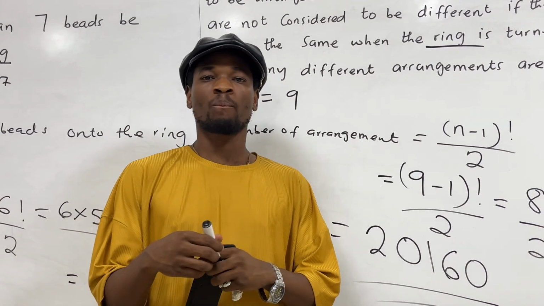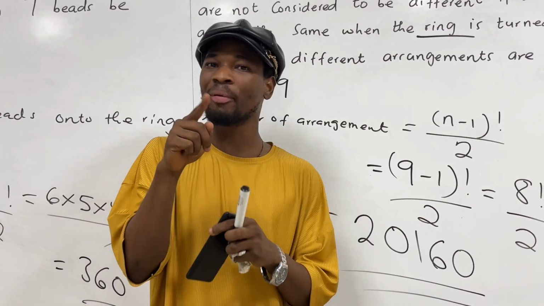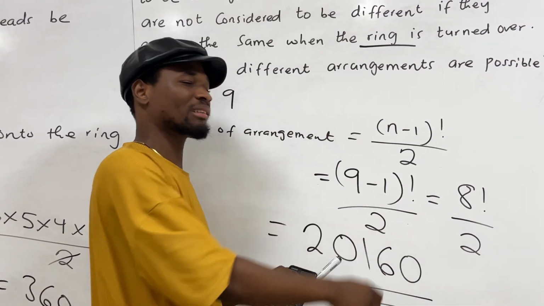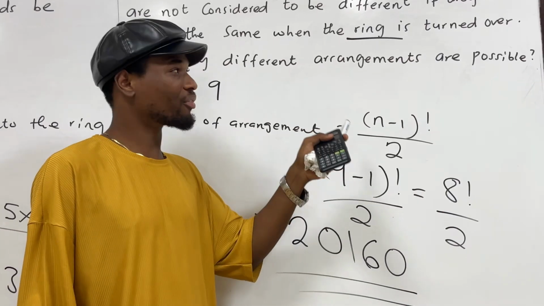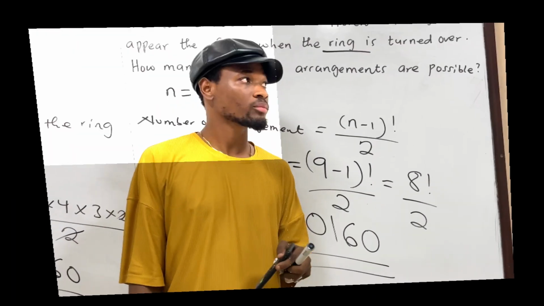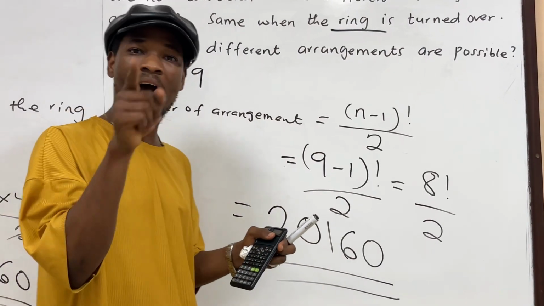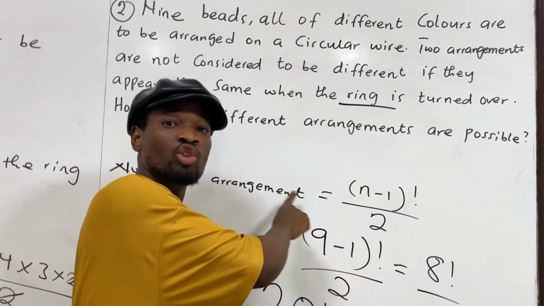Viewers, whenever you talk about r, when we bring in r, taking it r at a time, these formulas cannot solve the problem for you. When you have r, these formulas wouldn't hold again.